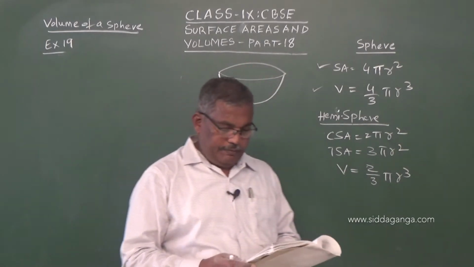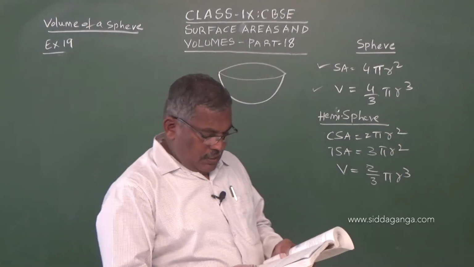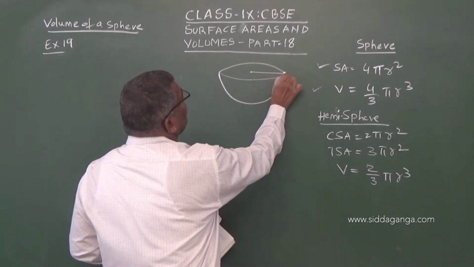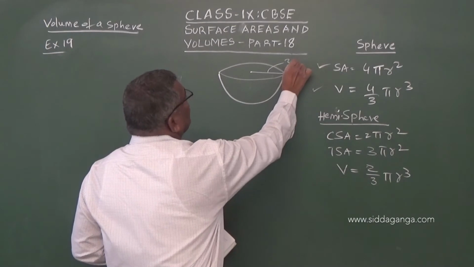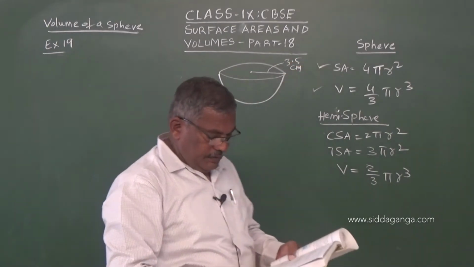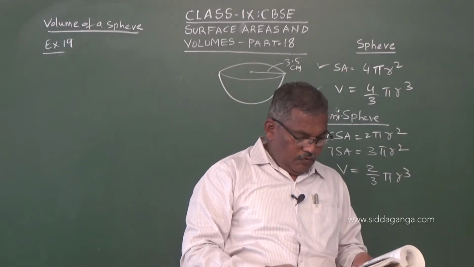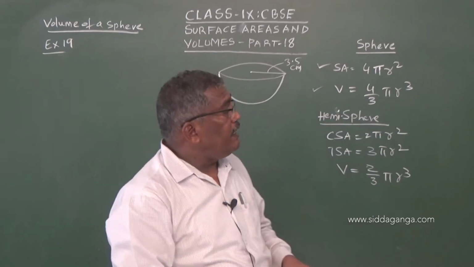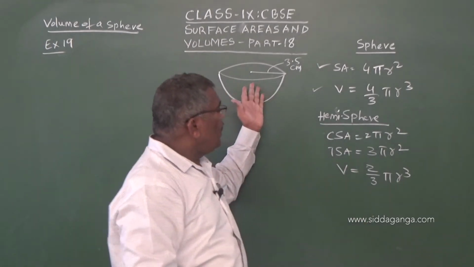Radius 3.5, so this is 3.5 centimeter radius. What would be the volume of water it would contain? So we have to calculate the capacity of the hemispherical bowl.